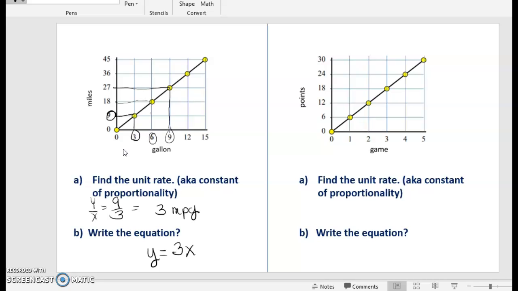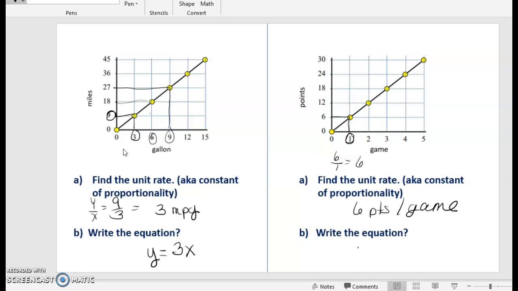Okay, one more example. Let's find the unit rate. So this one is easy because we already can see that we have a per 1. So we have points per game. So this means 6 points for 1 game, right? 6 points for 1 game are 6 points a game. 6 points per game.